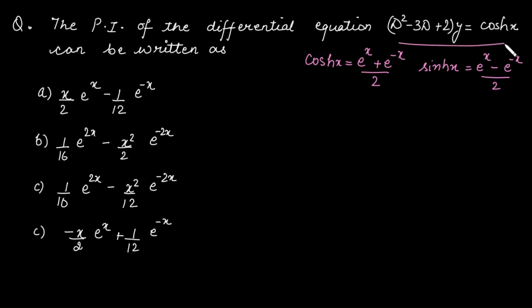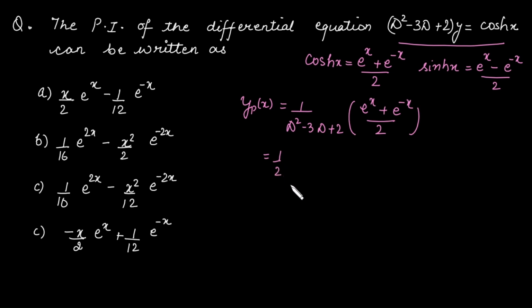So this can be evaluated as particular integral is equal to 1 upon D square minus 3D plus 2. In place of cos hyperbolic x, we can substitute this form, e raised to power x plus e raised to power minus x by 2. So we can take 1 by 2 outside because it is a constant.